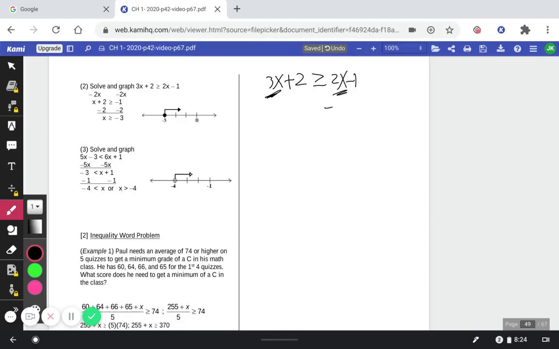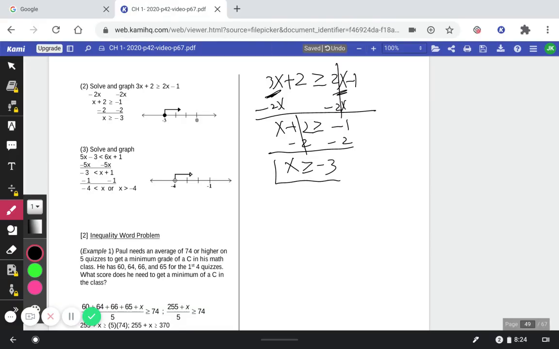So you do minus 2x by doing the inverse operation. Then you have x plus 2 is bigger than or equal to -1. And you are trying to solve this inequality, so you have to move plus 2 to the other side by doing the inverse. So minus 2 on both sides. x is greater than or equal to -3. So that becomes the solution, the range of solutions for this particular inequality.